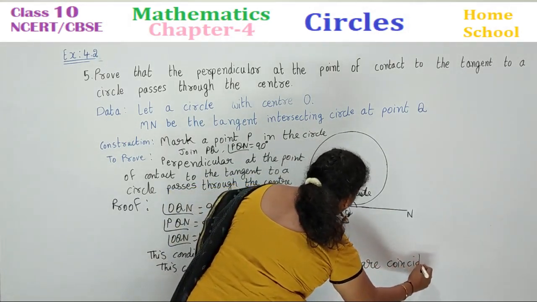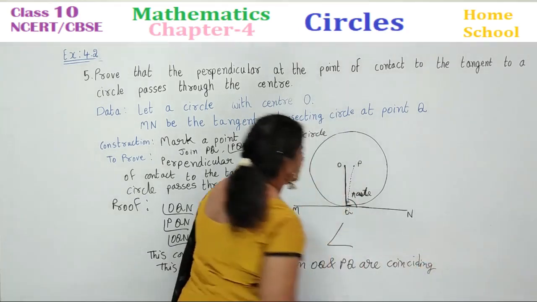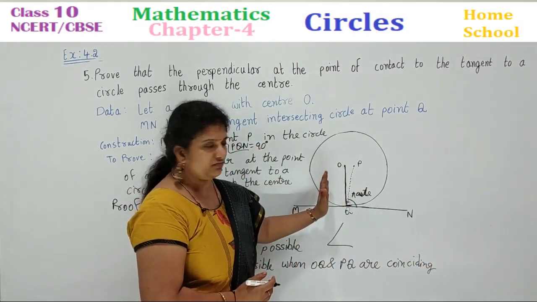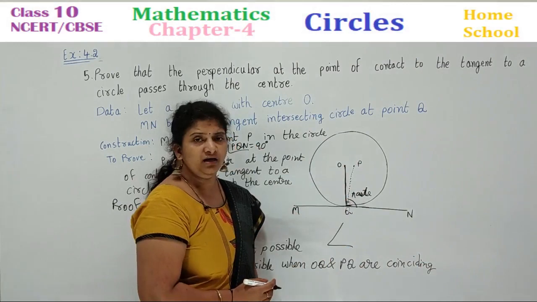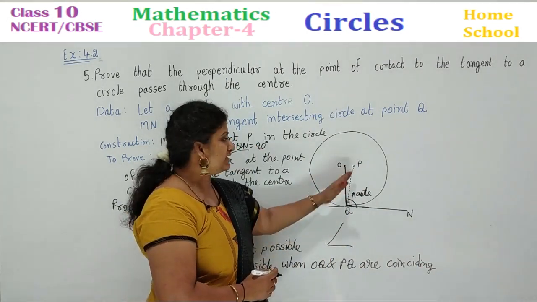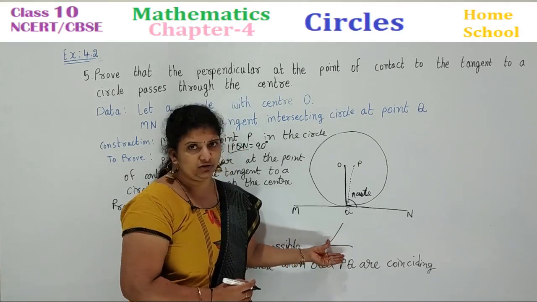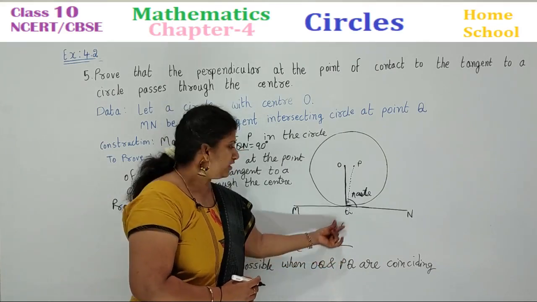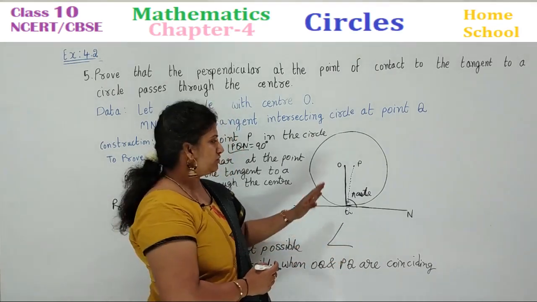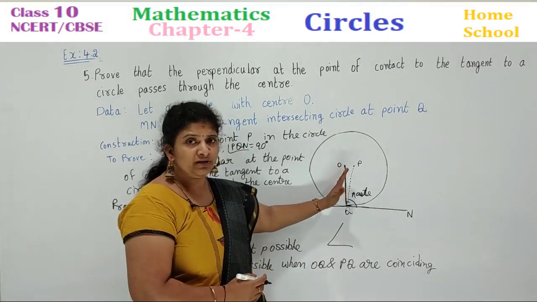If they are coinciding, what happens here, children? If they are overlapping on one another, I can say both are 90 degrees. Otherwise, this is not 90. The angle itself is looking like acute. When it is looking acute, I cannot say it is perpendicular. So now, when should it be perpendicular?